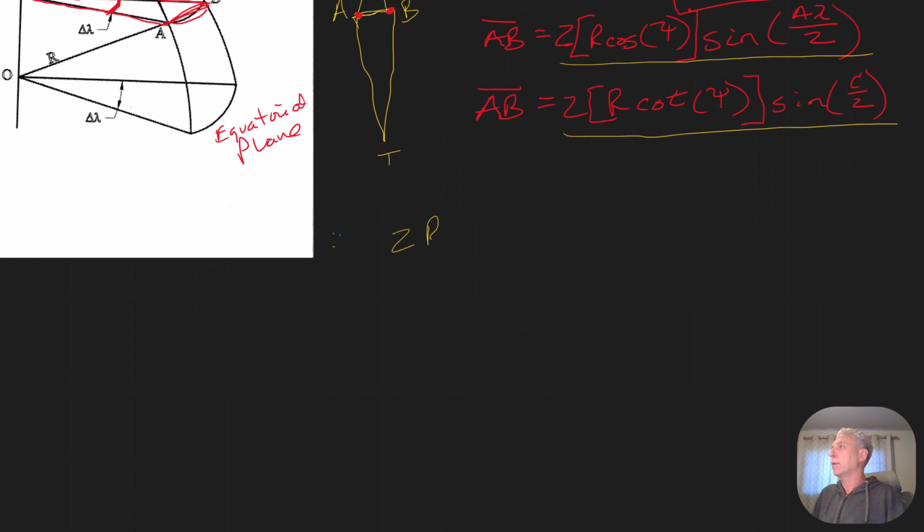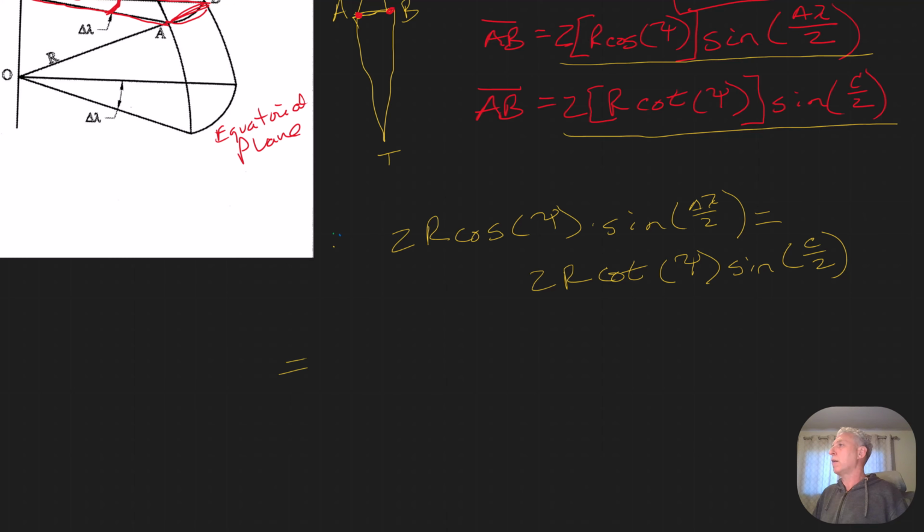So I have 2 r cos psi times sine of delta lambda over 2 is equal to, and I'm going to continue it down here, 2r times the cotangent of psi times the sine of c over 2. We're going to solve that for c.